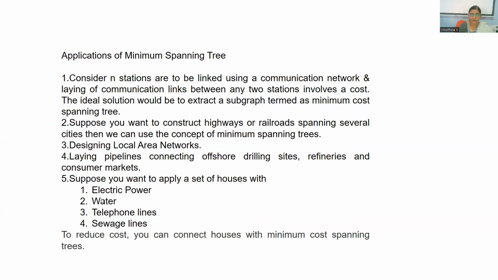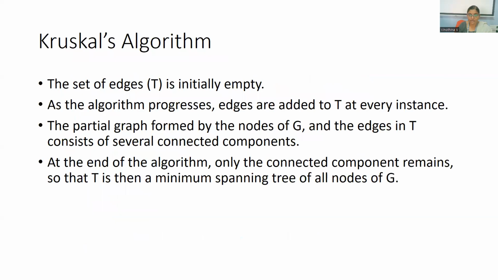You can also apply it to electric power, water, telephone lines and sewage lines for a set of houses. To reduce cost, you have to connect houses with the minimum cost. So we can use Kruskal's algorithm and Prim's algorithm to solve this problem. So let's start with Kruskal's algorithm.